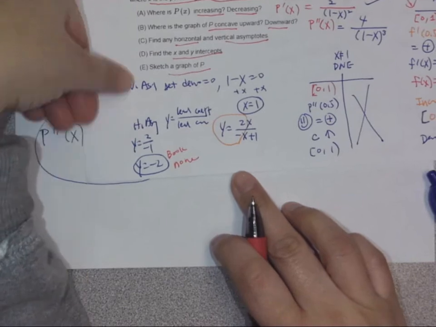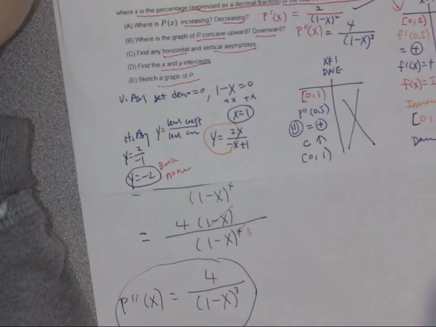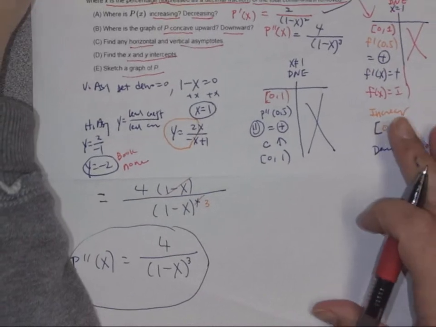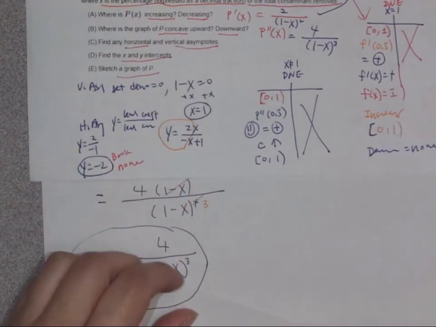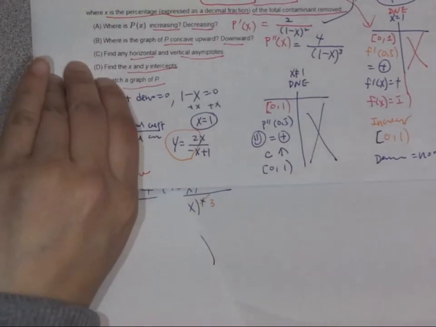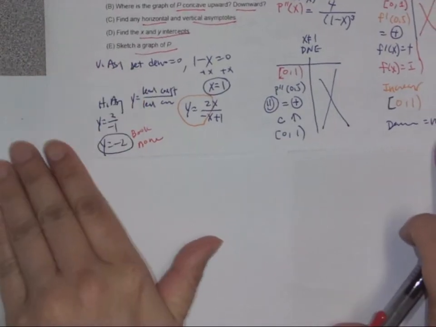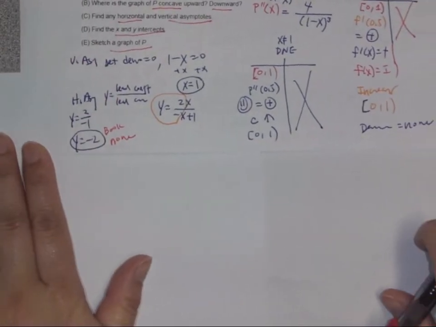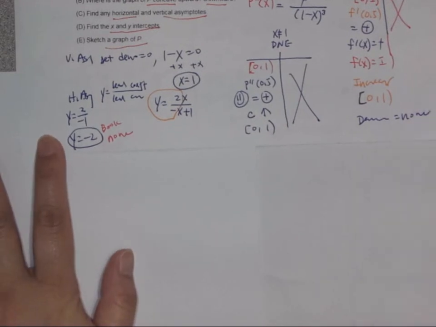Okay, so let's sketch the graph. If we sketch the graph, let's do it here because we have all the information here. Maybe this is a little bit confusing. Sorry about that. This is one of the most difficult questions for the semester, I think. With all this information fitting on the screen, I have a little bit of a difficult time.